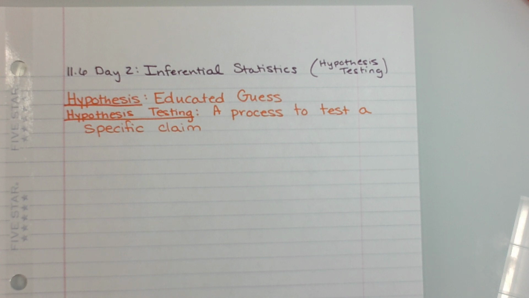You're not the expert. The experts generally have more data, they have access to the actual population, and they can tend to get more information. So as a result, when you are doing a hypothesis test, you have to come in with a lot of evidence that disproves their claim because you are not the expert on the matter. They are.